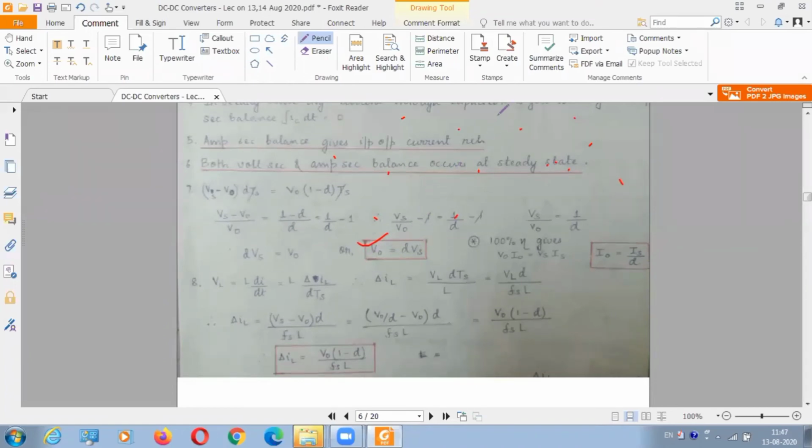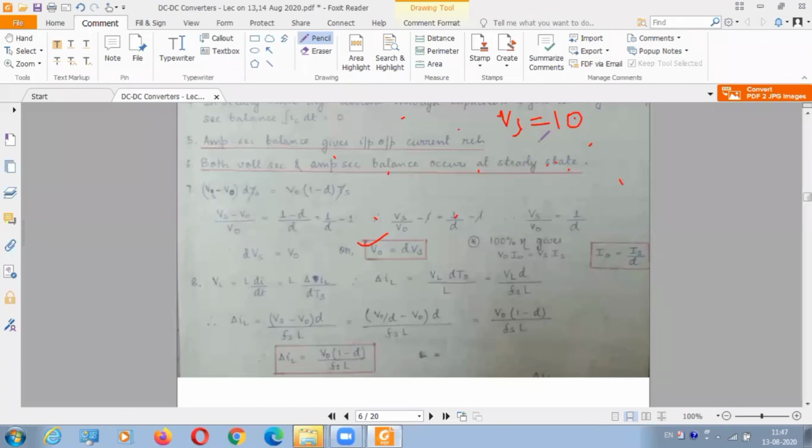Now, if you take Vs as 10 volt, what is the value of D? Can anybody say what can be the value of D? T1 by T. What should be its range? Like slip value, I told you it can be negative. It is between 0 and 1, less than 1, correct. So D will be less than 1.